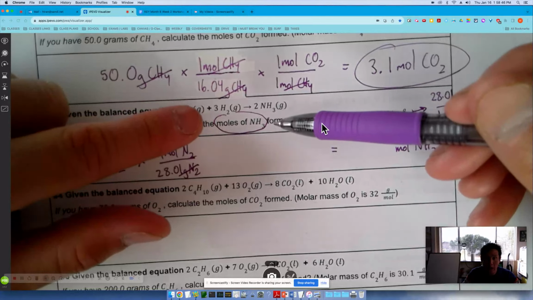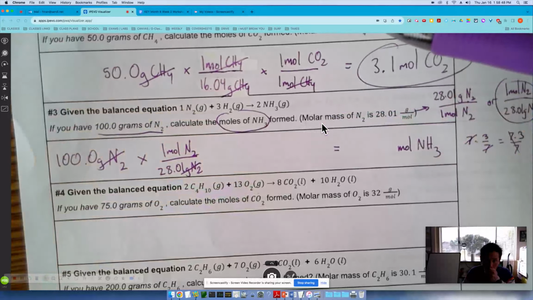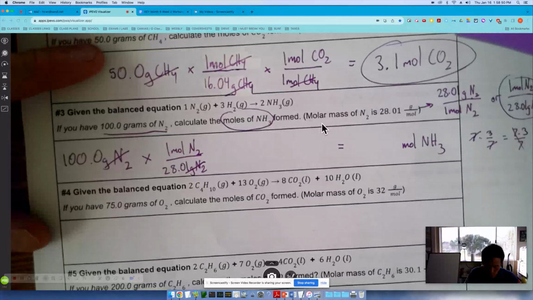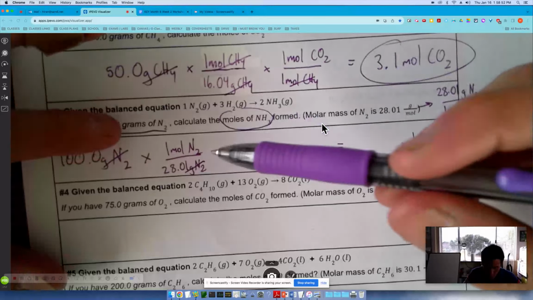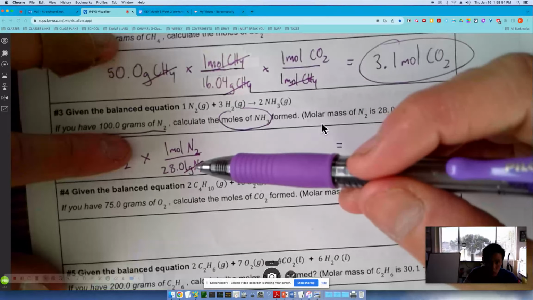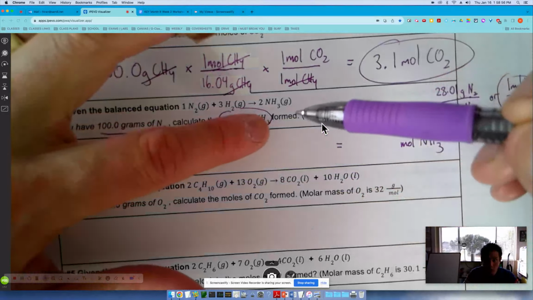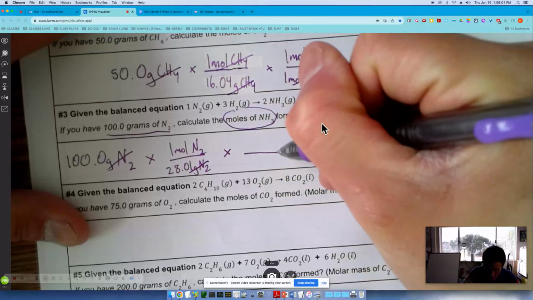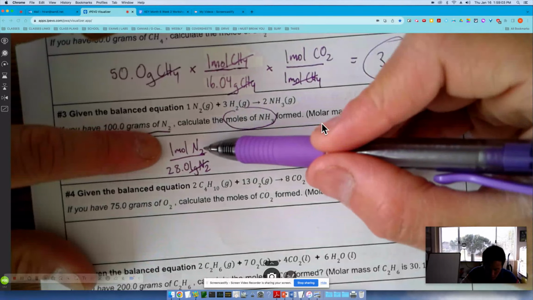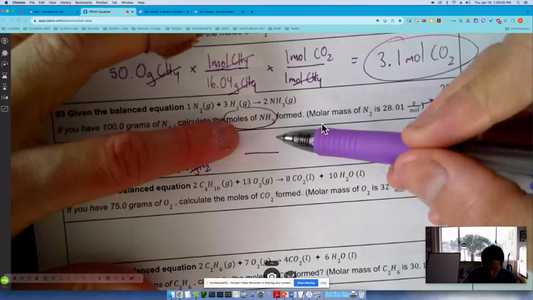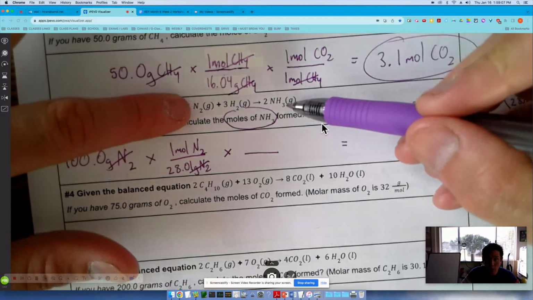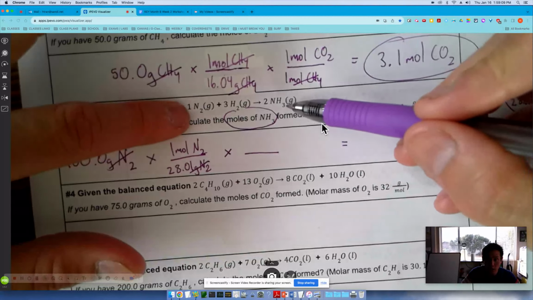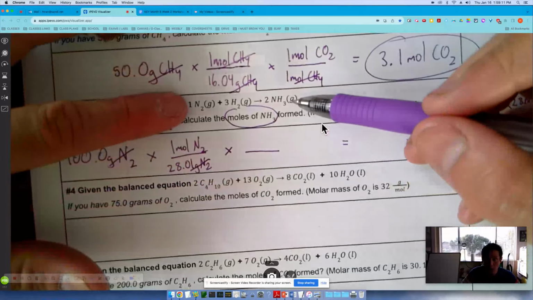But that's not what I want. I want moles of NH3. So what I want to do is convert whatever I get from this straight into moles of NH3. How I'm going to do that is I'm going to go from moles of N2 to moles of NH3 using this formula. This is the conversion factor you need next to multiply to.